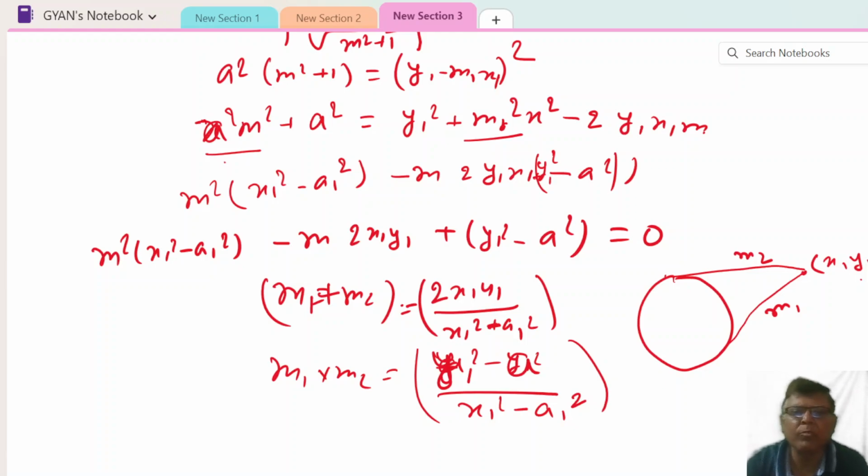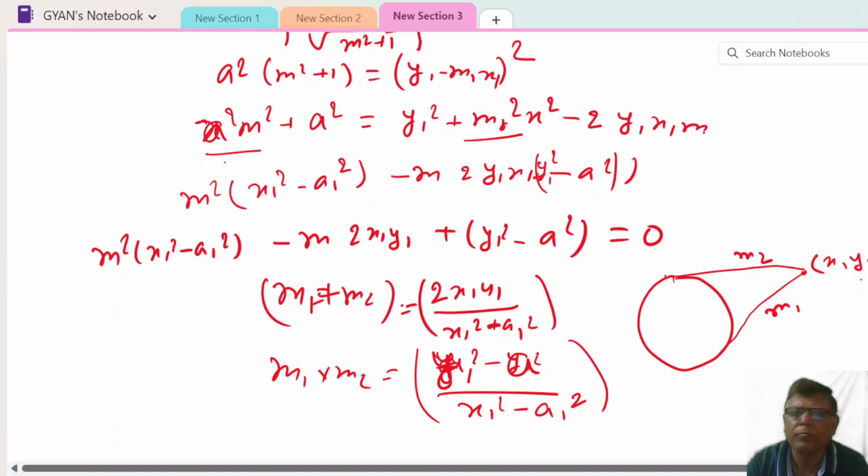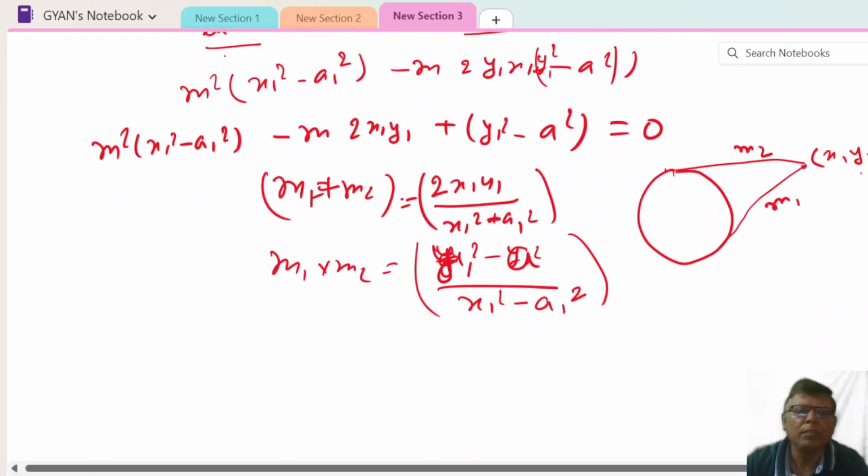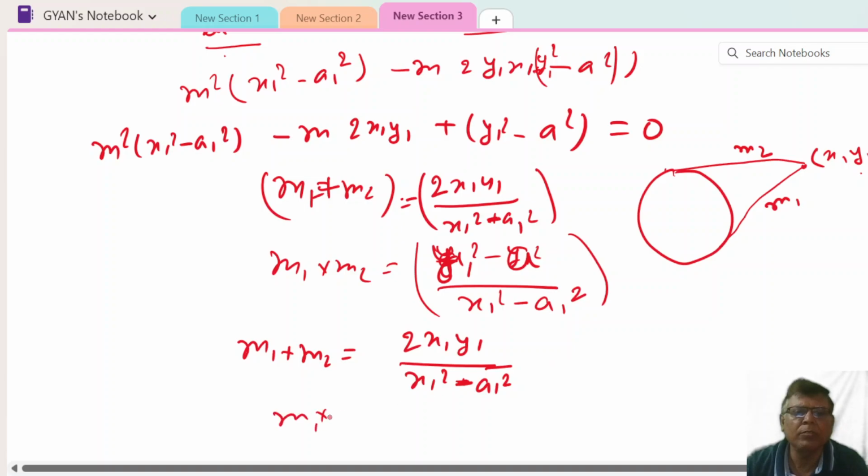So m1 plus m2 is equal to 2x1 y1 divided by x1 square minus a square, and m1 into m2 is equal to y1 square minus a square divided by x1 square minus a square.